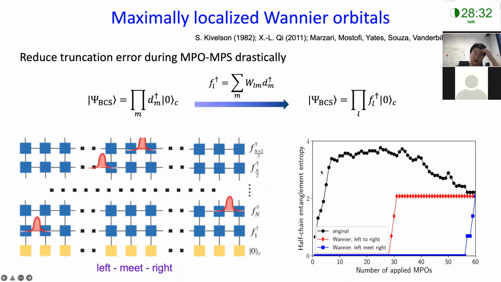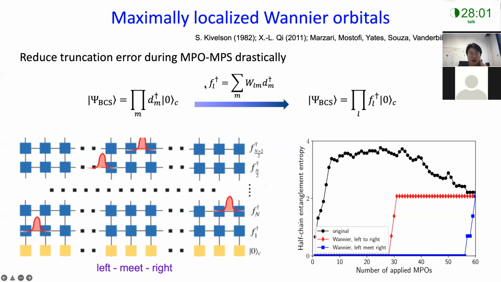However, usually the wave functions of Bogoliubov quasi-particles, because the basis is a Bloch basis, are spatially extensive. So when you naively use these D fermions, the MPO-MPS method will totally break down because of the large accumulated truncation errors. So a crucial point of our MPO-MPS approach is that we should use so-called maximally localized Wannier orbitals, the F fermions, rather than the D fermions.